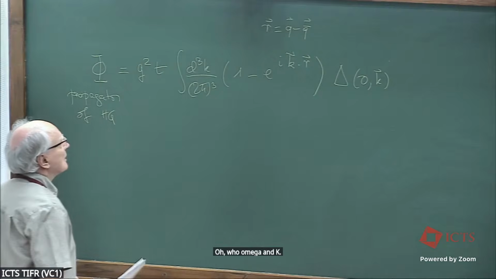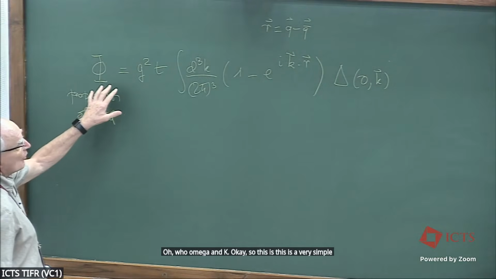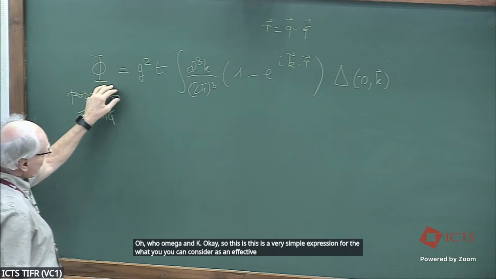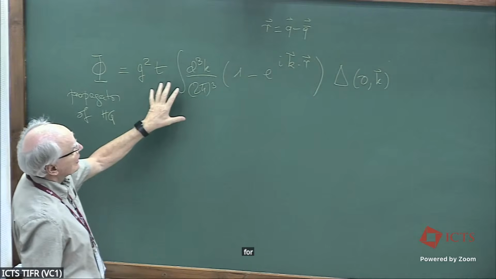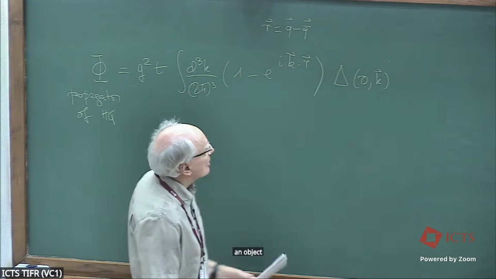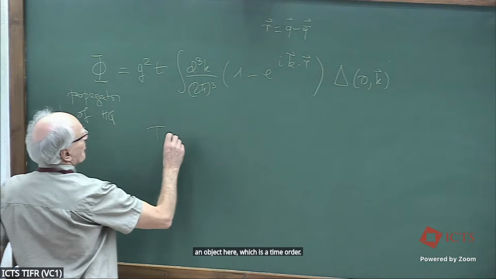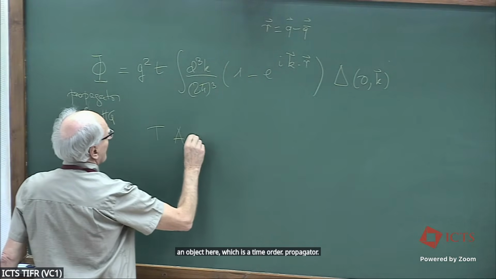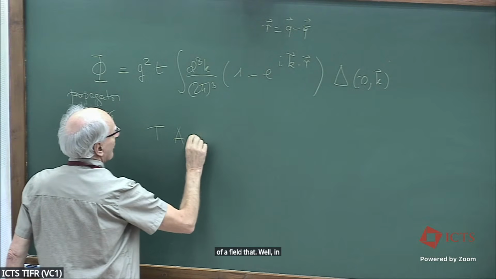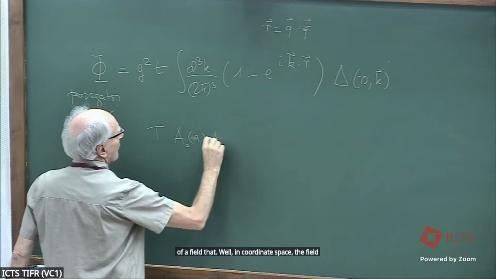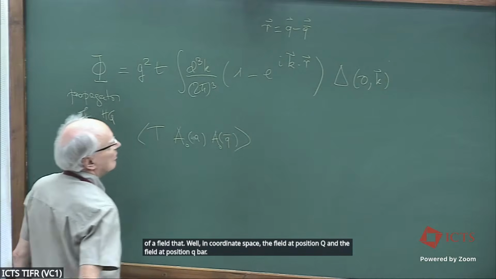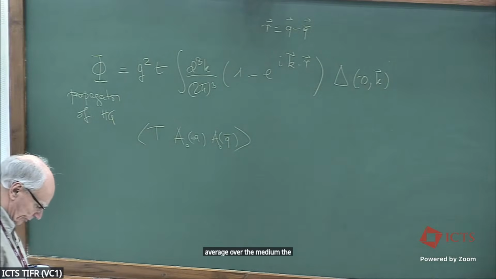Okay, so this is a very simple expression for what you can consider as an effective action for the heavy quark propagation in the medium, and that involves an object here, which is a time ordered propagator of a field at, well, in coordinate space, the field at position q and the field at position q bar. Average over the medium, thermal average.